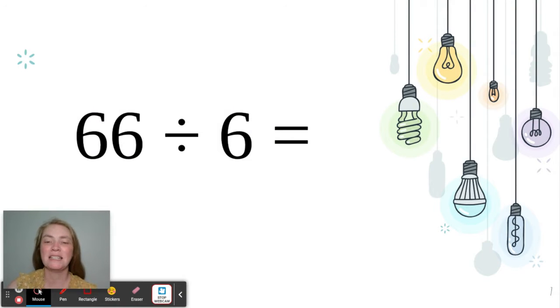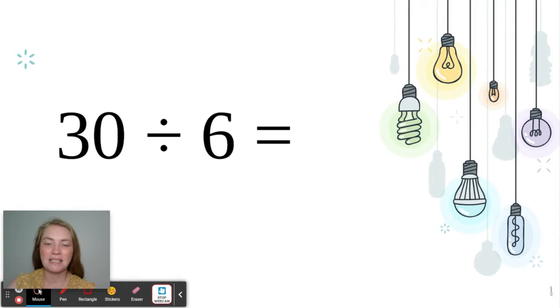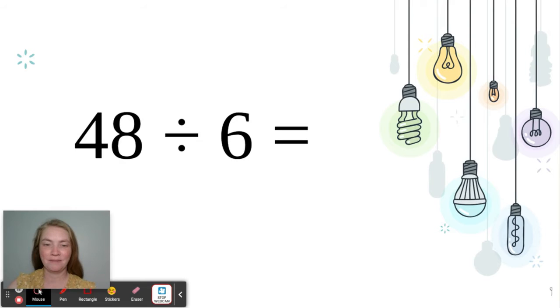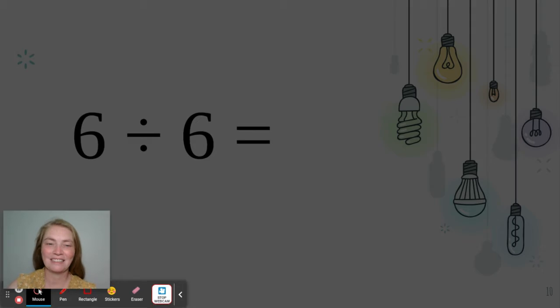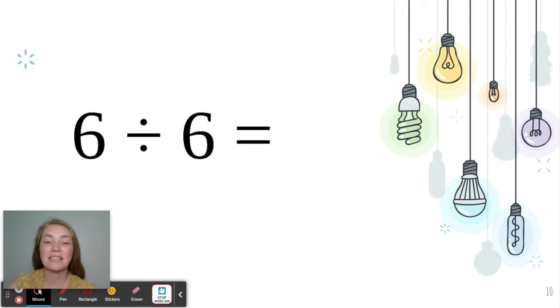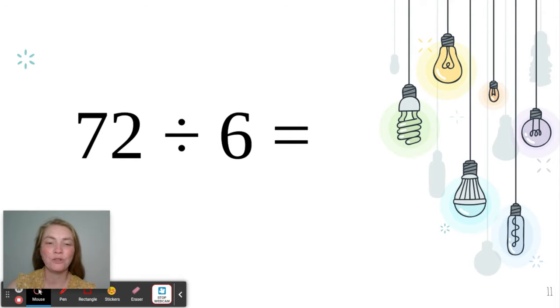66 divided by 6 is equal to, if you said 11, you're correct. 30 divided by 6 is equal to 5. 48 divided by 6 is equal to, it's 8. 6 divided by 6 is equal to 1. 72 divided by 6 is equal to, I'll give you a little bit longer for this one.